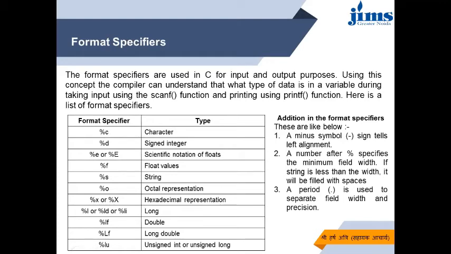If my data type is long double, then we need to use this format specifier. If my variable is of float type, then we must use either this or this. Again, it depends on your output. If you want the output in scientific notation, then use this format specifier. If you want your output up to 6 decimal places, then use this format specifier.